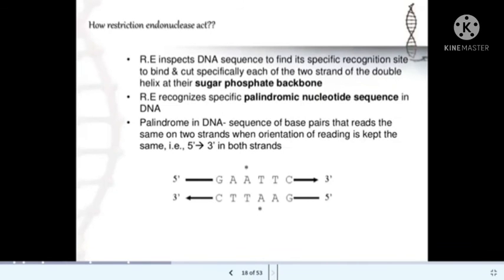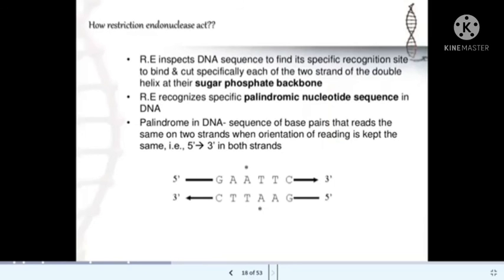The way it acts is, first it inspects the DNA sequence to find the specific recognition site. Then it goes and binds, and only then does it cut the strand. Secondly, the restriction enzyme recognizes specific palindromic nucleotide sequences.